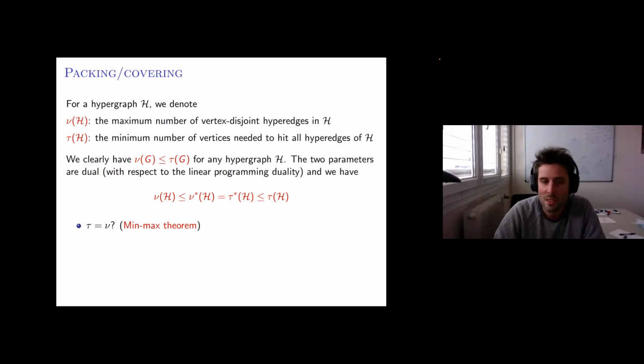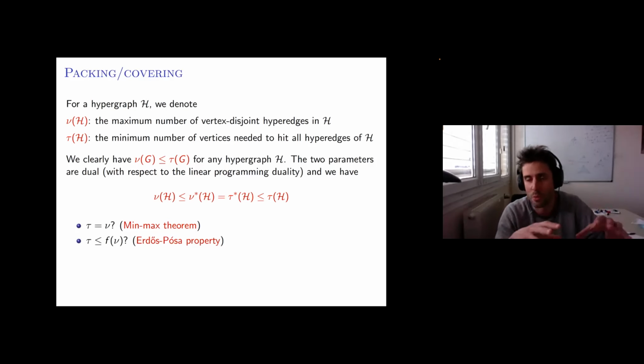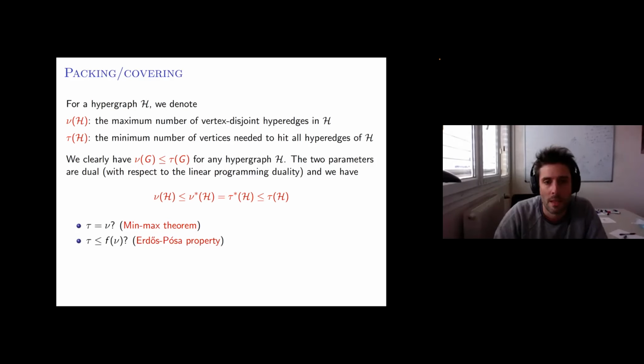When you don't have this, you might be happy with something a bit weaker: is tau bounded by a function of nu? Then you're talking about a class of hypergraphs, of course, not just a single hypergraph. When you have this, it's usually called the Erdős-Pósa property. Originally, Erdős and Pósa were interested in cycles in graphs, and the natural hypergraph here would be all the cycles of a graph.